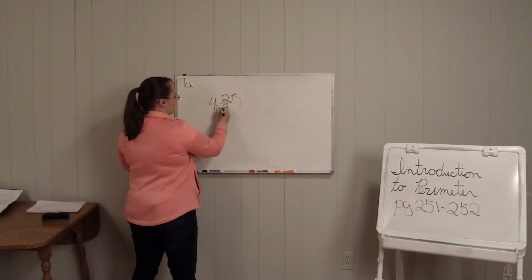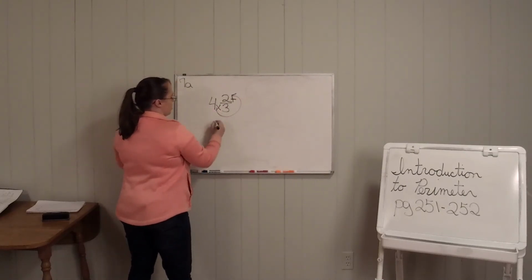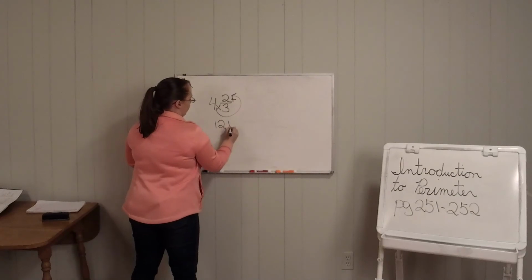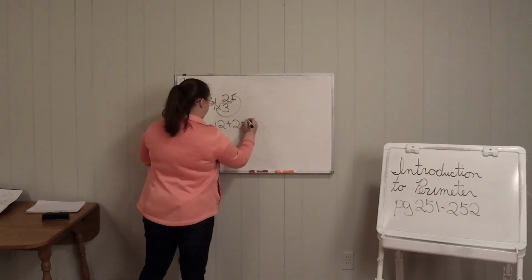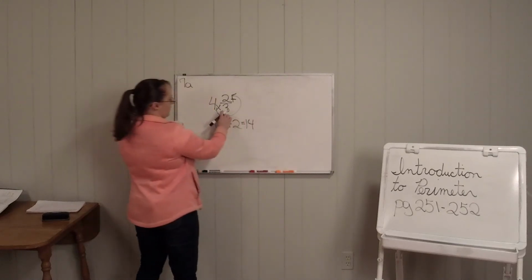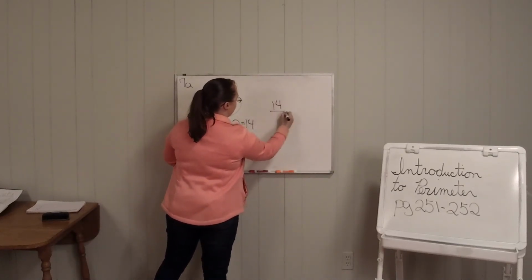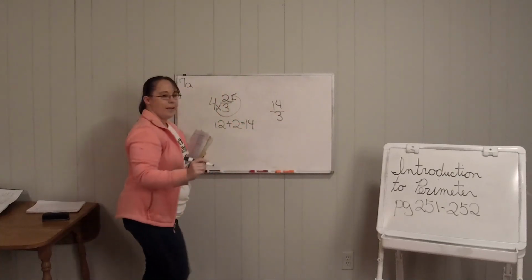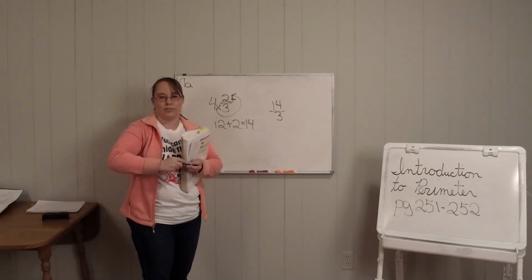I said you're going to multiply, then you're going to add. 4 times 3 is 12, plus 2 is 14. You're going to keep the same denominator, and the numerator will be 14 over 3. I think some of you might have forgotten that, so I'm just going to give you a refresher.